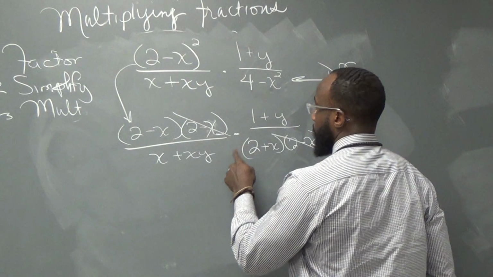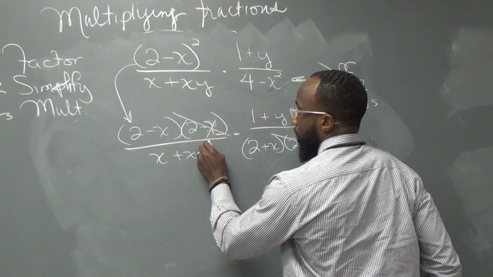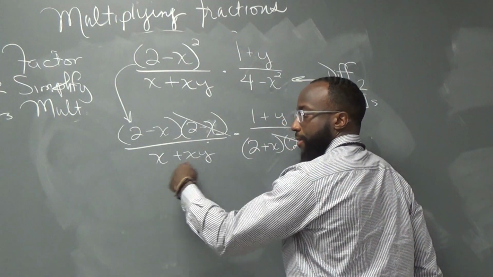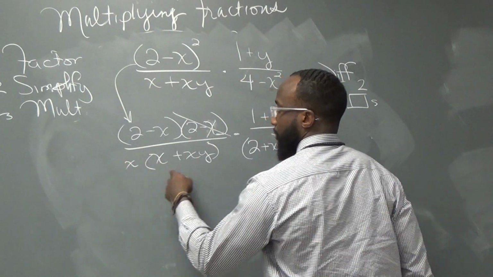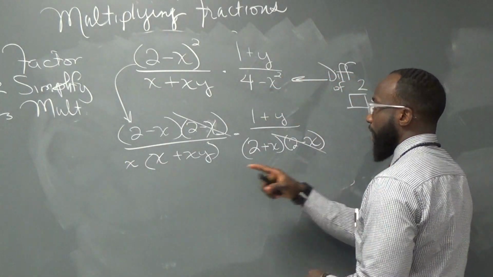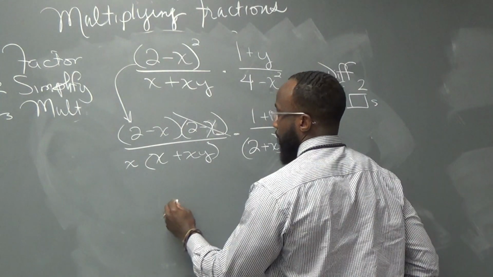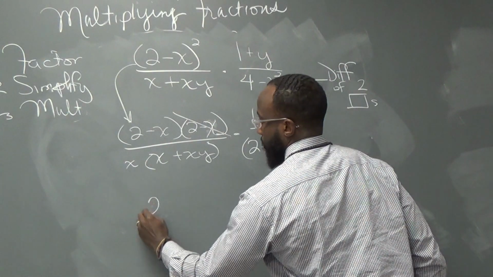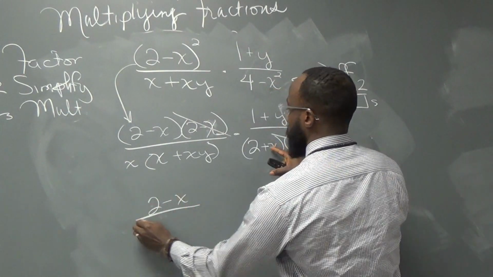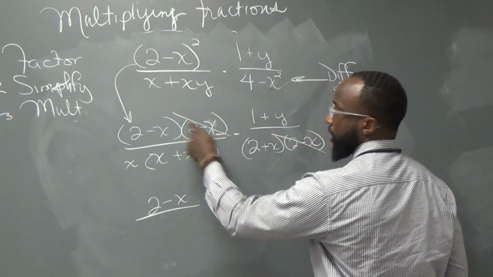Now, before we get to this part, there is something that can factor out of this problem. We can factor an x from here. And so when we factor an x from this one, we end up with, let's write this down, 2 minus x, because we simplified the first fraction.